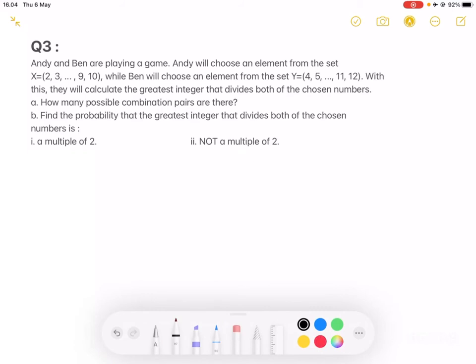What I mean is how many possible combinations of the chosen numbers are there. Notice that the number of elements in set X will be 9 elements, which is also equal to the number of elements in set Y. So, how many possible combinations are there?